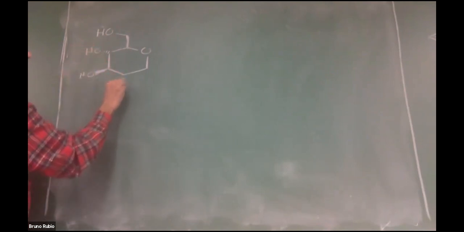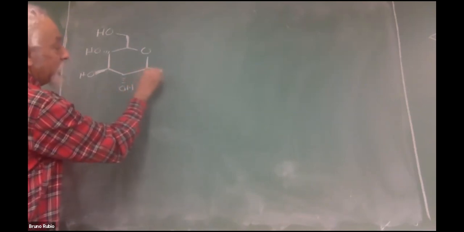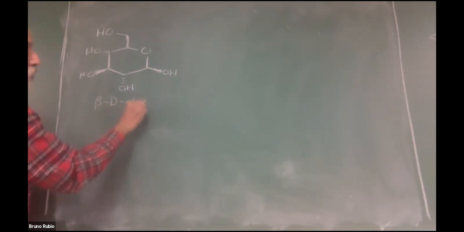And so glucose, just like every time we talk about carbohydrates, there's all kinds of writing and all kinds of dashing and wedging. So what I've represented here is the beta D glucose, right? This is the most common form of glucose that is found in solution, and one of those solutions would be your blood, which is essentially an aqueous solution.